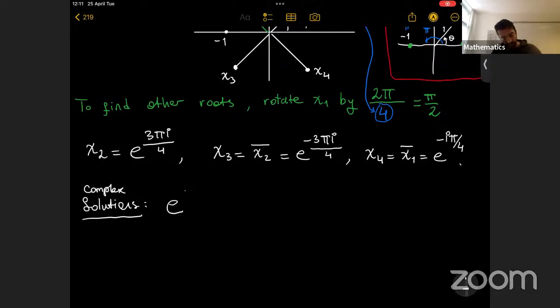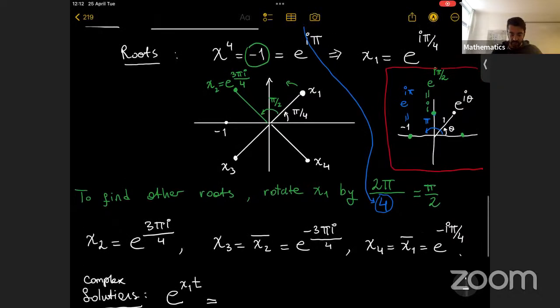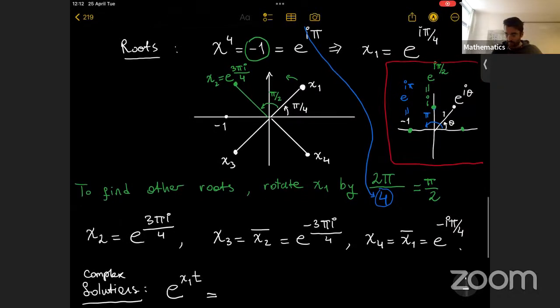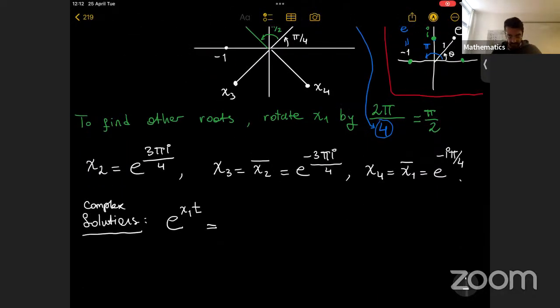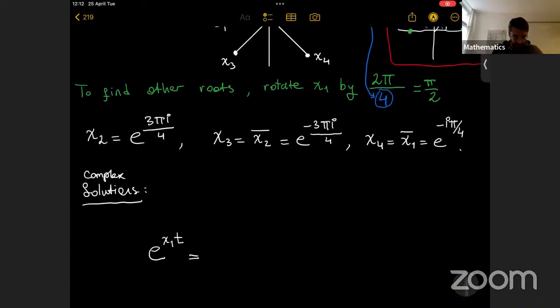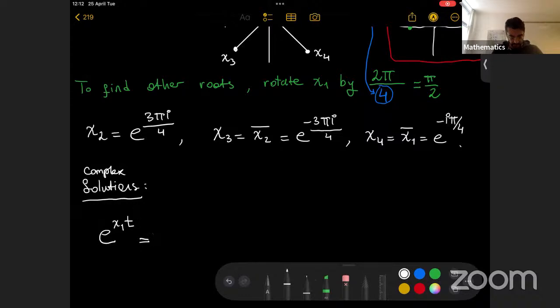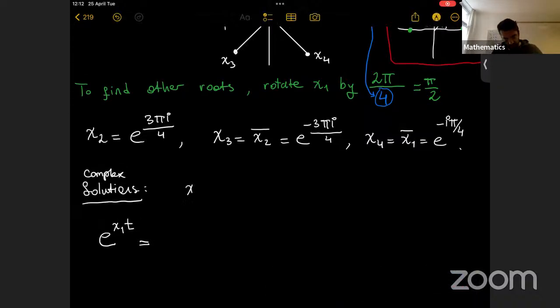e to the lambda 1 t. What is this? Maybe let's first write lambda 1 first. Okay, here. It's going to be better. Well, what is lambda 1?